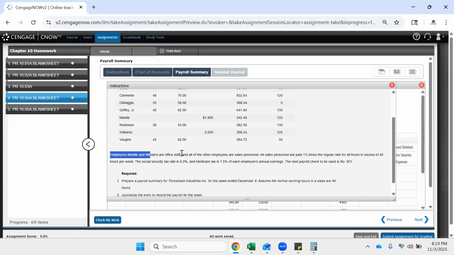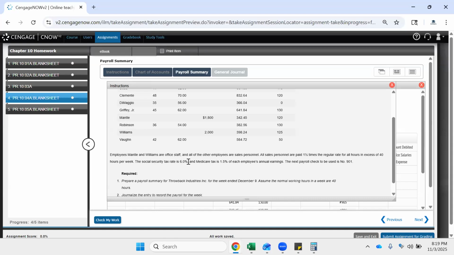Mantle and Williams are office staff and they're on salary, and all the other employees are sales personnel. The sales personnel are paid 1.5 times the regular rate for hours in excess of 40 hours, so we're going to have to calculate the overtime pay.